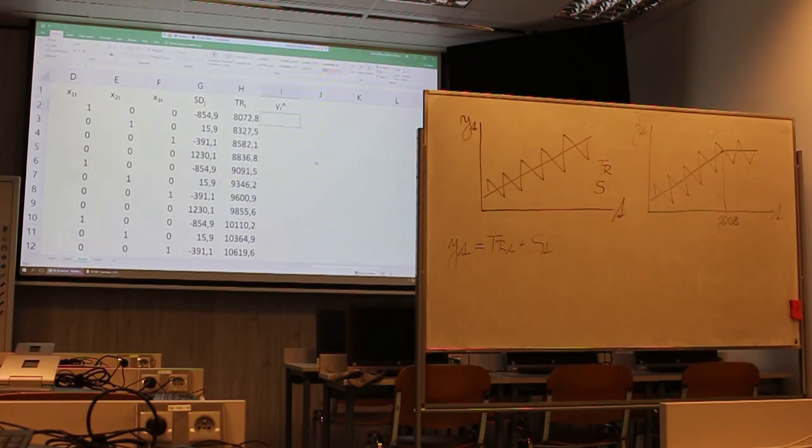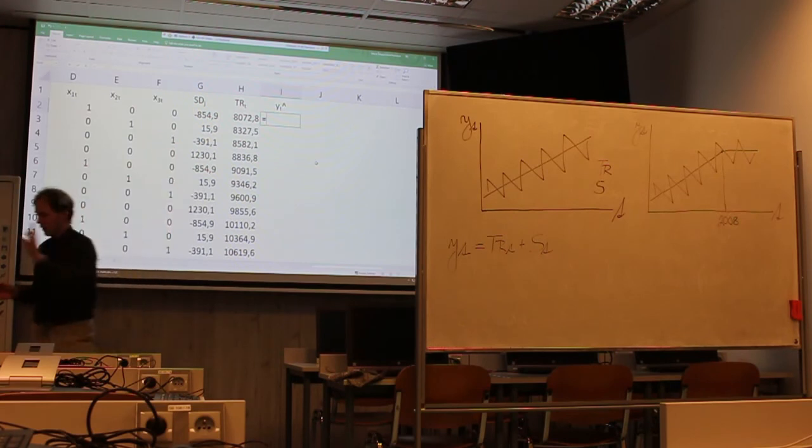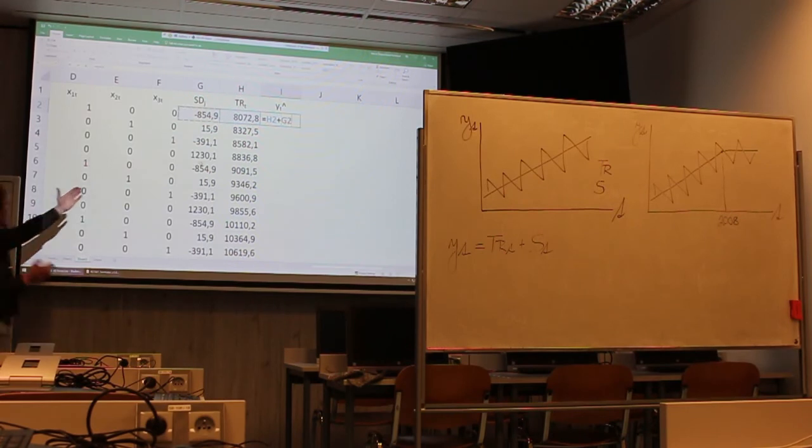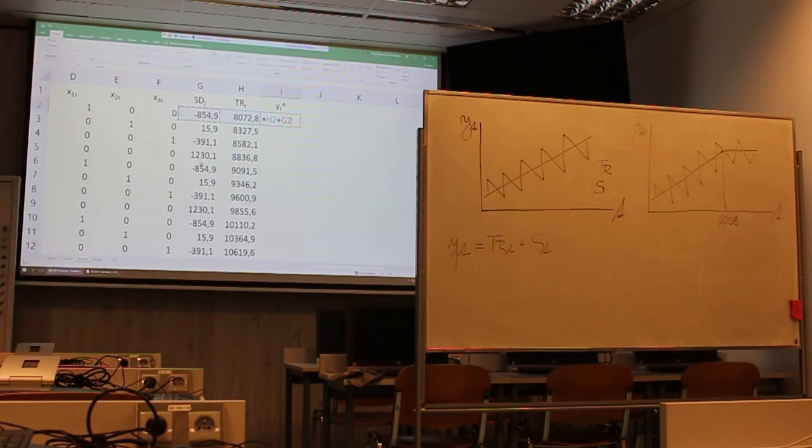Okay, how can we fit the data? Calculate the summation of trend and seasonality, so fitted trend plus fitted seasonality. Okay, that's all.